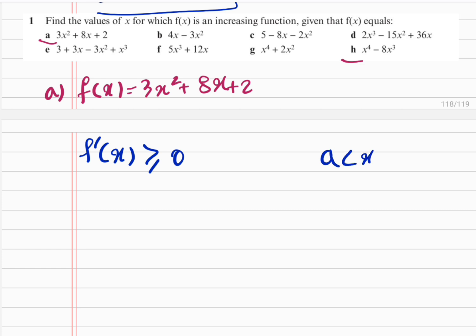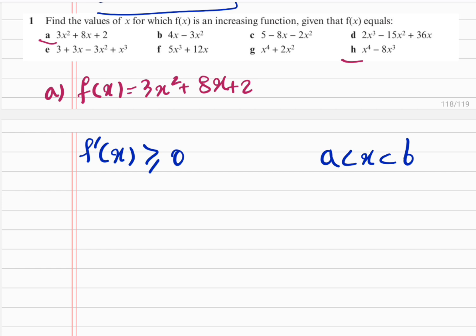So a and b is just an interval that sometimes in some questions your value of x is in. But in this question we don't have any intervals, so we just need to check for what values of x the first derivative is greater or equal to 0. So that's going to give us the values for which these functions are increasing.